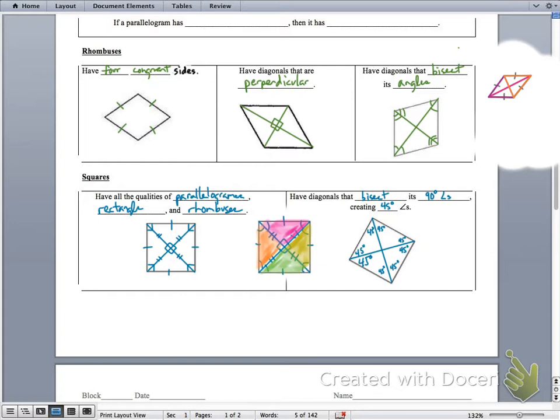And those are very special triangles that we'll be talking a lot about as the year goes on. So squares are awesome. Okay, so that is the deal with these three special types of parallelograms: rectangles, rhombuses, and squares.